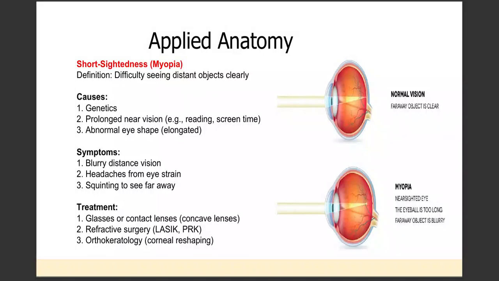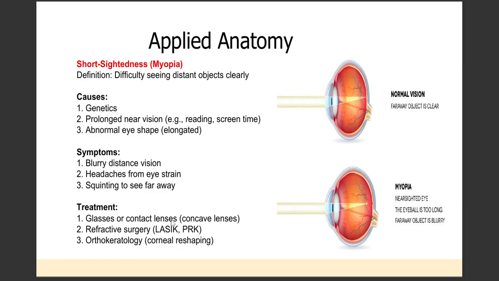Short-sightedness will just mean difficulty in seeing distant objects. If you are short-sighted, you can only see things which are near. The problem is also known as myopia. The problem is that the image forms just in front of the retina. So for accommodation to happen, you should be able to bring in a lens that will diverge the light, so that focusing can happen on the retina.